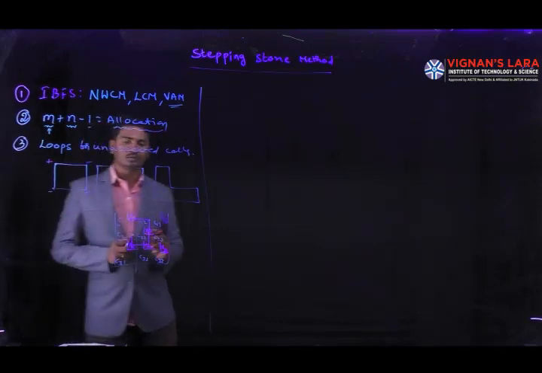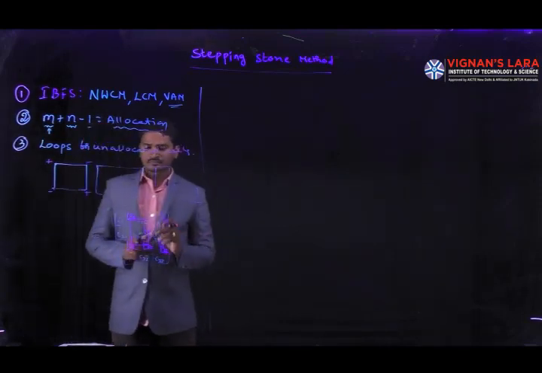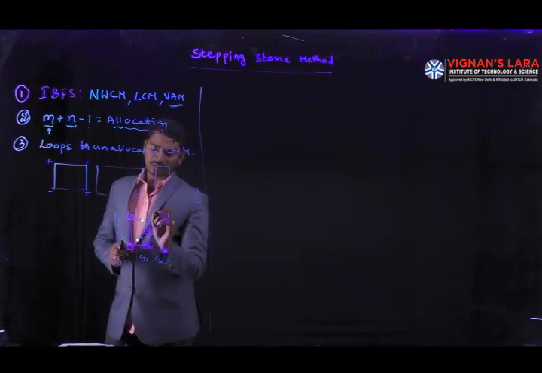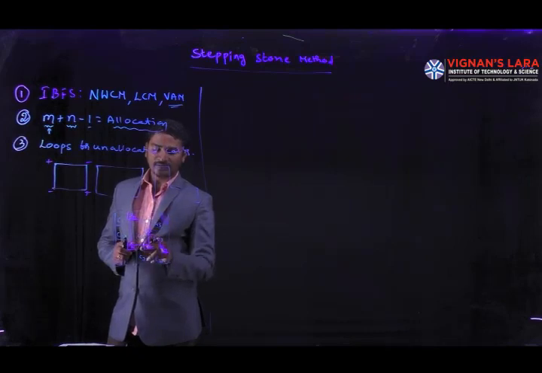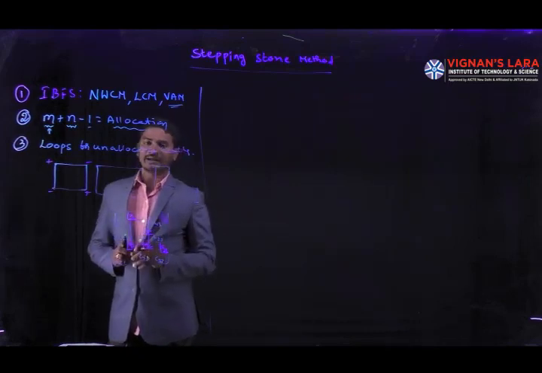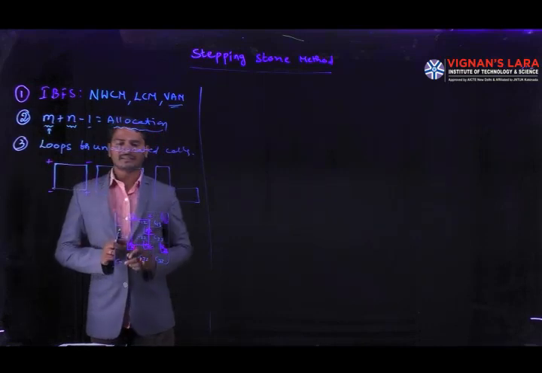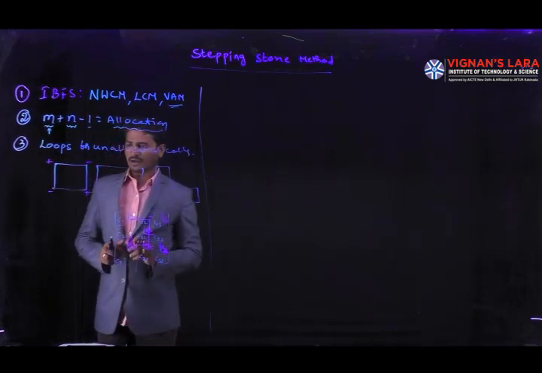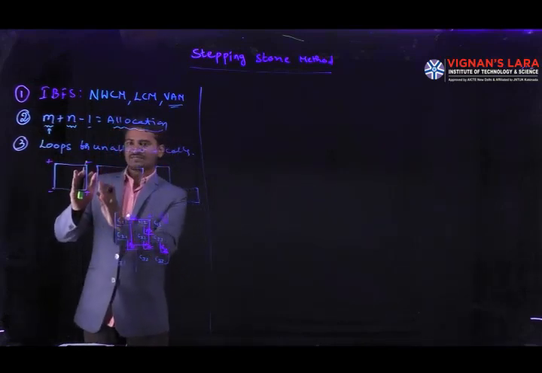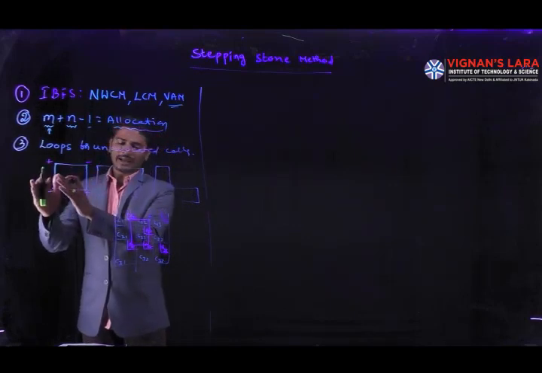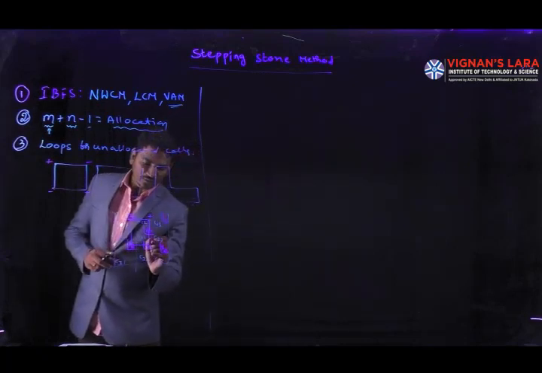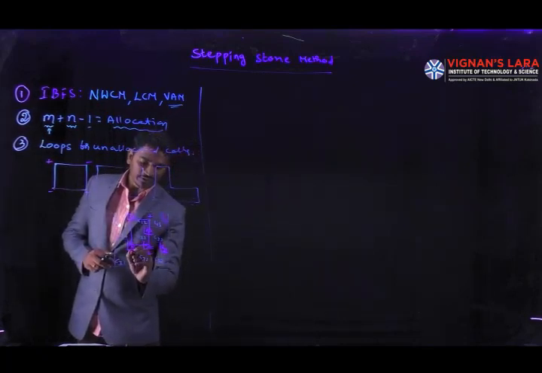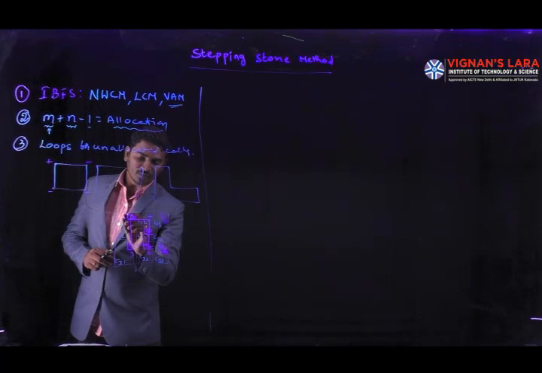At the unallocated cell we take the sign as positive, then the next as negative. After giving the signs, we transfer the allocation from this loop to another. Suppose here we have 2 units, here 3 units, here 1 unit, and here 0 units, which means it is unallocated.